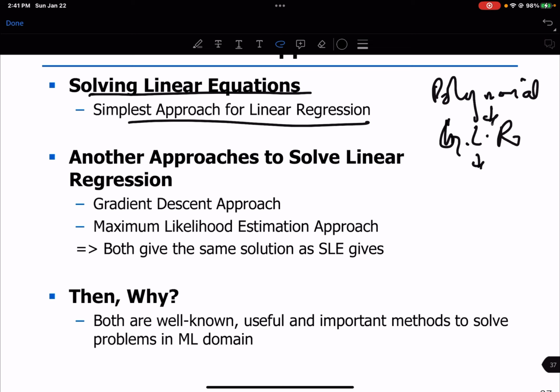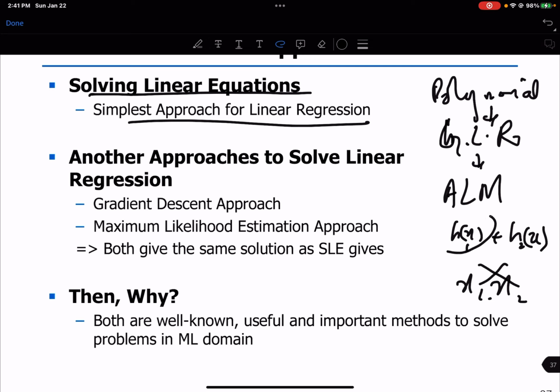We studied the generalized inverses, and using that we studied the additive linear model, where each h of x is added to the function such that there is no interaction between any two variables, and each one has a separate effect on your best fit model, and then we sum them up to find the overall best fit model. The other approaches, and then of course, the kernel density estimation.